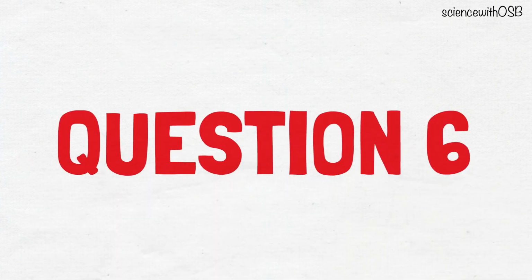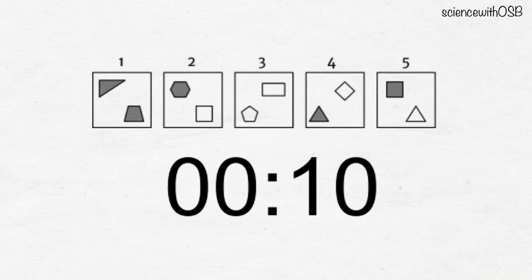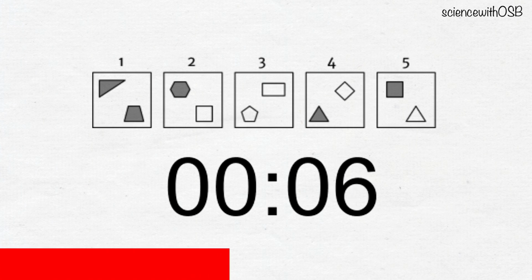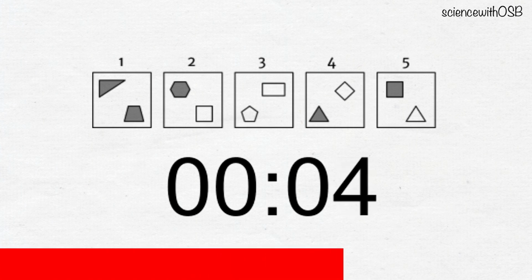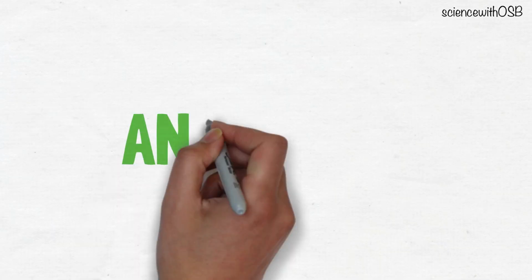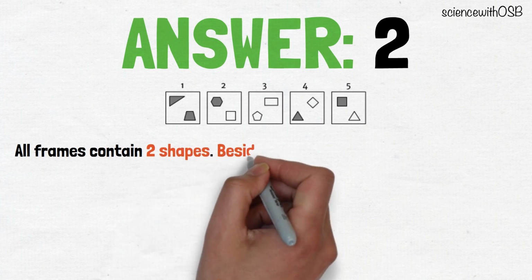Question number 6. Choose the odd one out. The correct answer is 2. All frames contain 2 shapes.